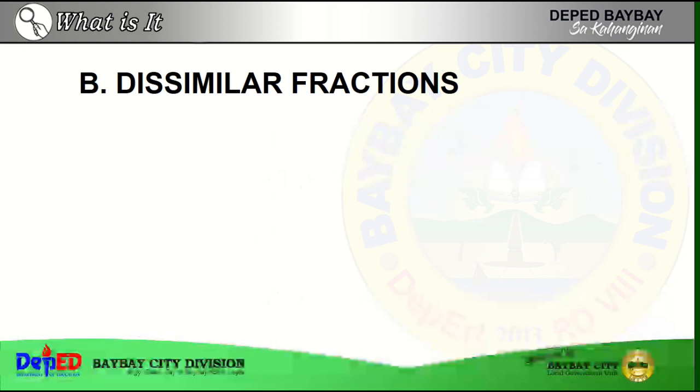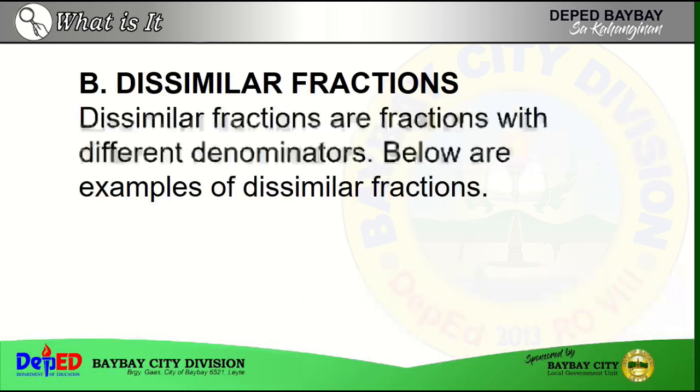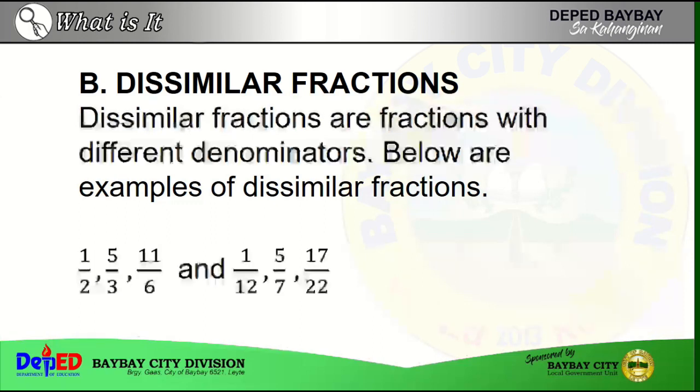Now let's proceed to dissimilar fractions. Dissimilar fractions are fractions with different denominators. Below are examples of dissimilar fractions: 1/2, 5/3, 11/6, and 1/12, 5/7, 17/22.